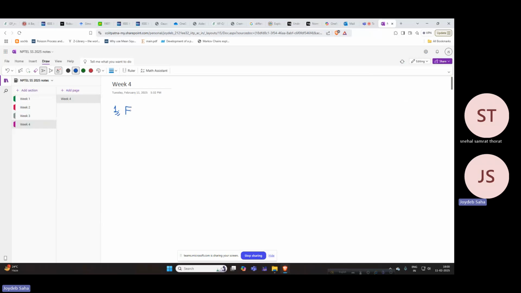Find the Fourier transform of x(t) is equal to sgn t. So what is the sgn function?